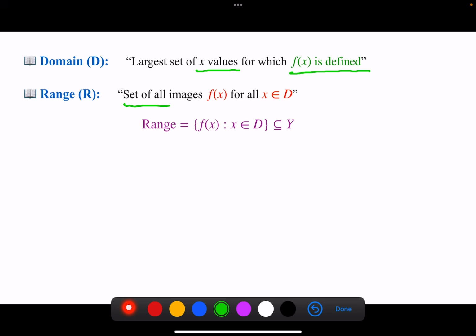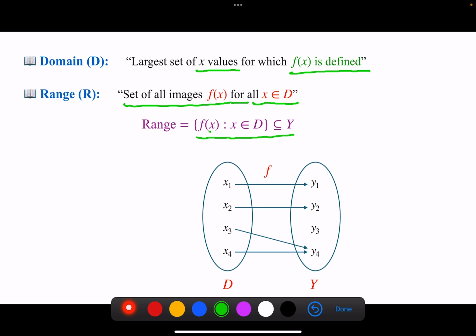Range is the set of all images f of x for all x belonging to domain D. So range is the collection of all possible outputs, and we can define range as the set of f of x values for all x belonging to D, and definitely it is a subset of Y.